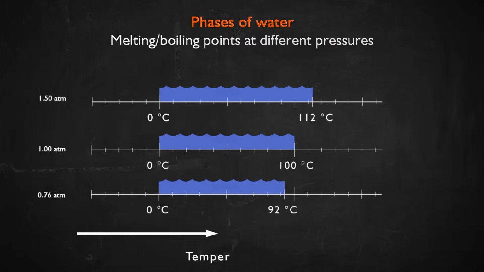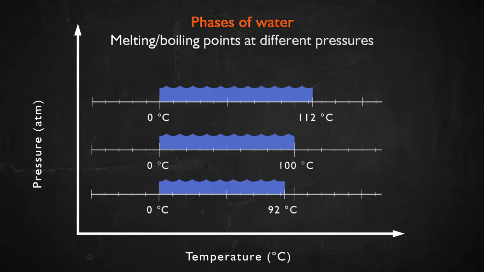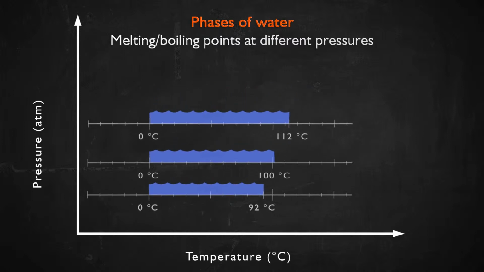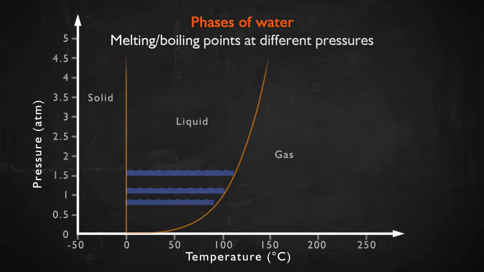And scientists like to organize this in what we call a two-dimensional phase diagram. This is a phase diagram where on the x-axis we have the temperature, and on the y-axis we have the pressure. What we do is we label the locus of points where the material changes from a solid to a liquid to a gas by simply connecting the dots of the lines that we've just drawn before. And this is something that we call a phase diagram.